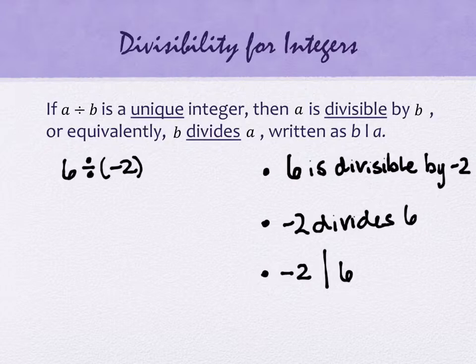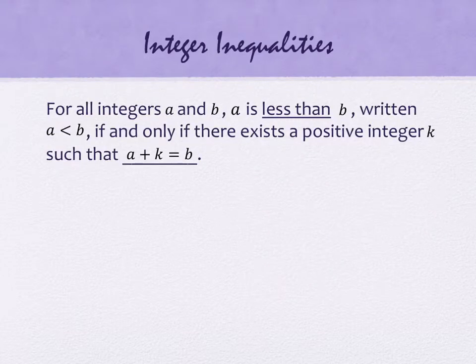The next one, just another piece from the past popping back up for us, is inequalities. For all integers a and b, a is less than b, written a < b, if and only if there exists a positive integer k such that a plus k is equal to b.